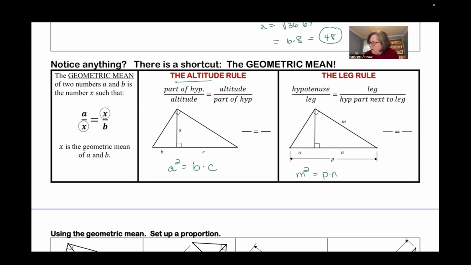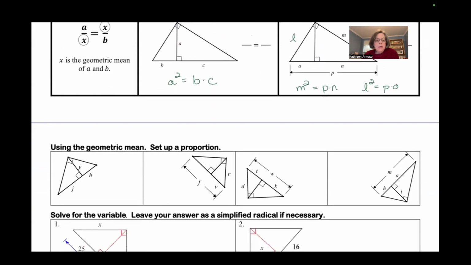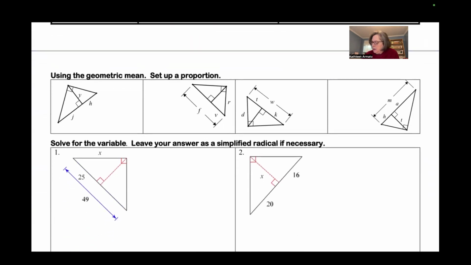So it'll work if I have a leg over here as well. Then it would be L squared would be equal to P times O. Okay, so this leg squared will be equal to the entire hypotenuse times the part of the hypotenuse adjacent to that leg.